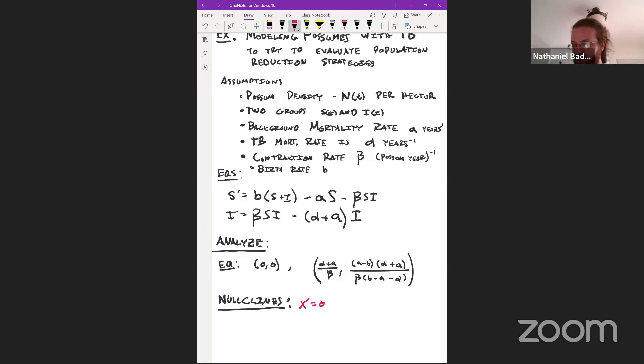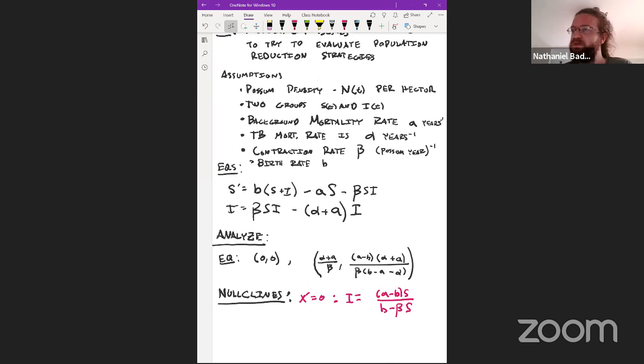Well, we just solved this for I. It's going to be I equals A minus B times S divided by B minus beta times S. If you want me to pause and say how I'm getting these, please do, or I'm willing to say a few words about them. I probably won't do a whole derivation because this is just algebra, and this is algebra that we're pretty comfortable with at this point. But I will say a couple of words about some of these things.